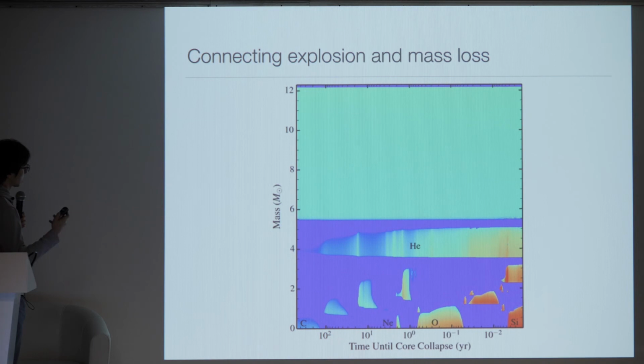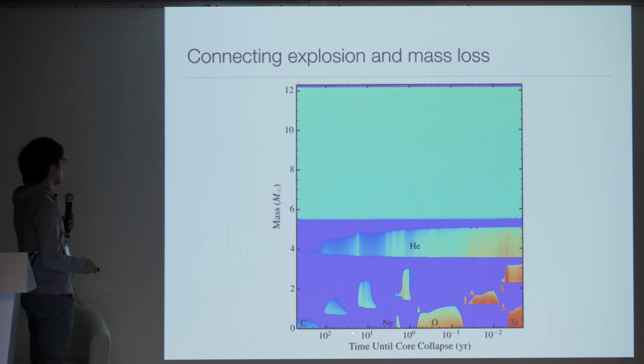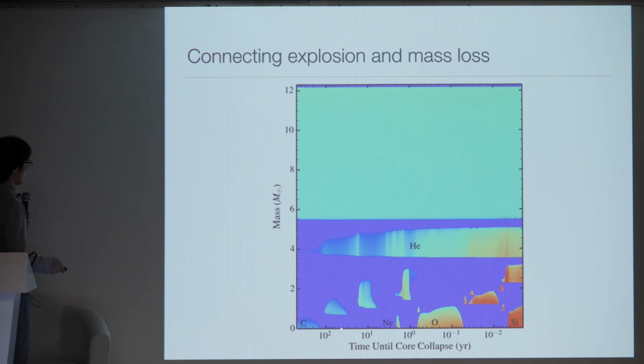And in the case of ordinary type 2 supernovae, the mass loss increase should be starting within like 100 years before the explosion. And in that case, not much happens. I mean, there's shell burning, but it's nothing very peculiar. Especially it is happening at the center.